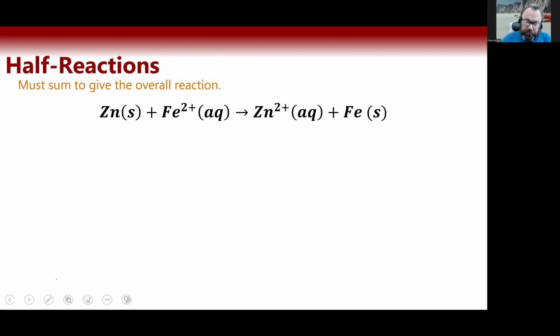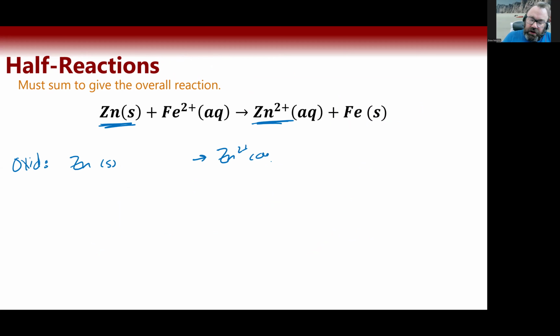Okay, so we said zinc was oxidized from 0 to 2 plus. So that means our oxidation half is zinc turning into zinc 2 plus. Okay, and to make sure that our charges are balanced, we're going to have to put 2 electrons over here. And the electrons are products because here the electrons are lost by the zinc.